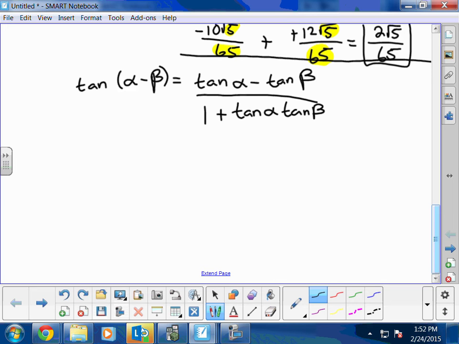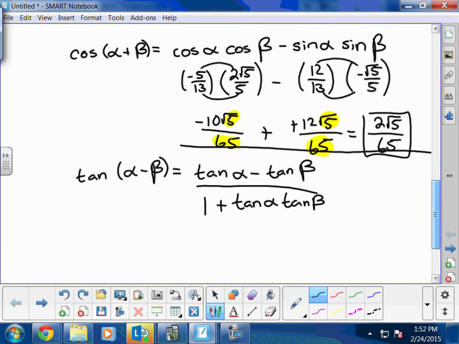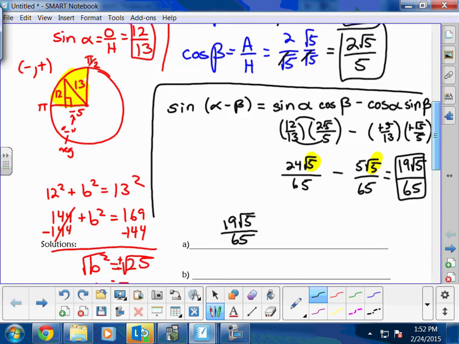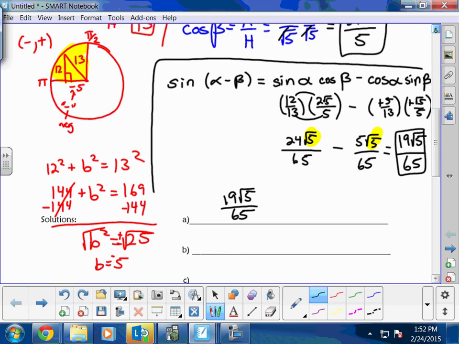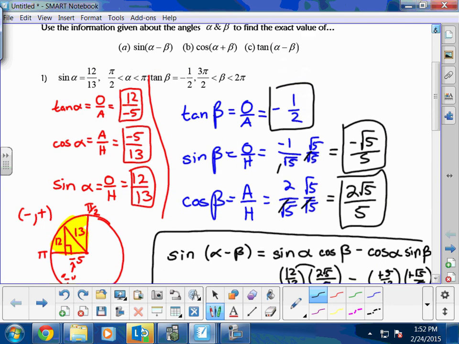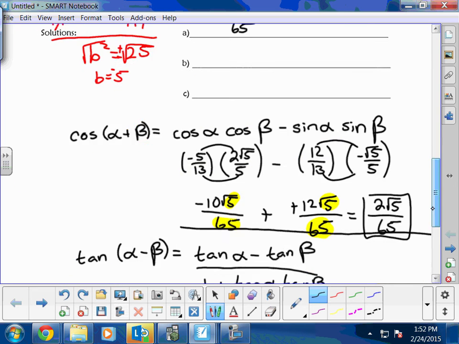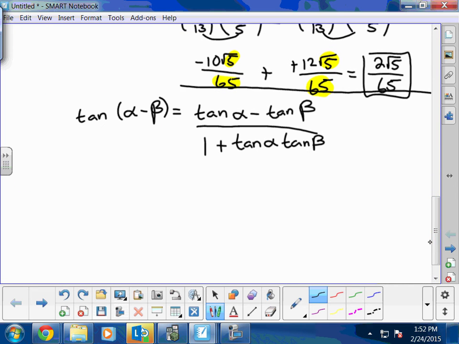Okay, lovely. So let's go ahead and find out where my tan alpha and beta were. I think the first one was given. Okay, negative 1/2. So tangent beta is negative 1/2. So I'm going to go ahead and start filling some of this in. This is going to be minus negative 1/2.